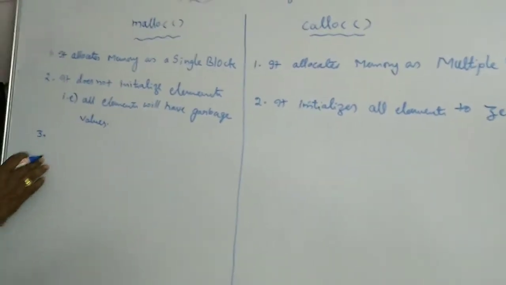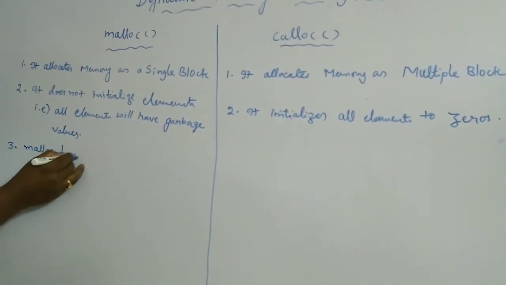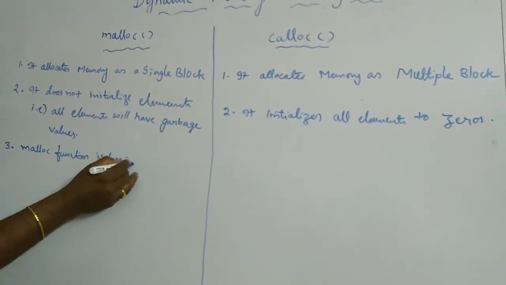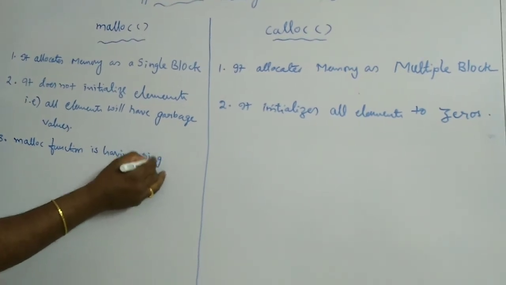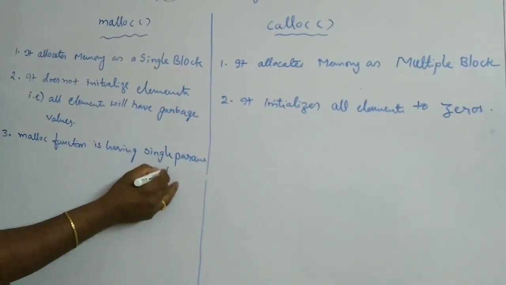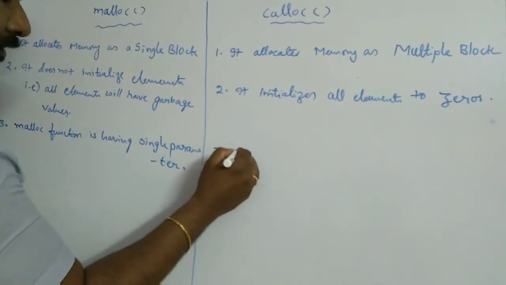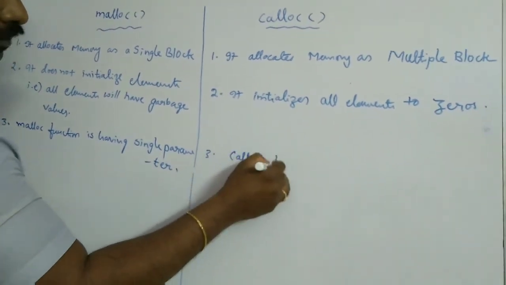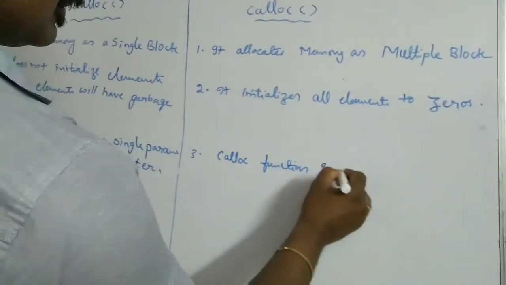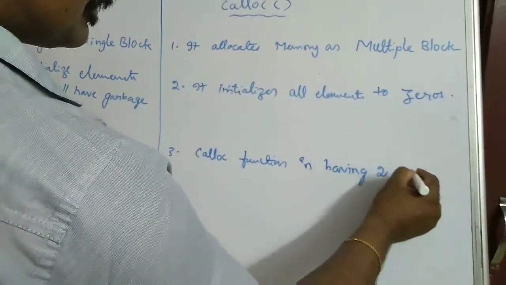And third key difference is, malloc function is having a single parameter, whereas calloc function is having two parameters.